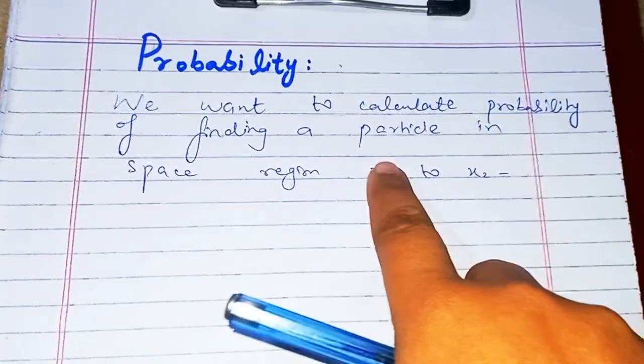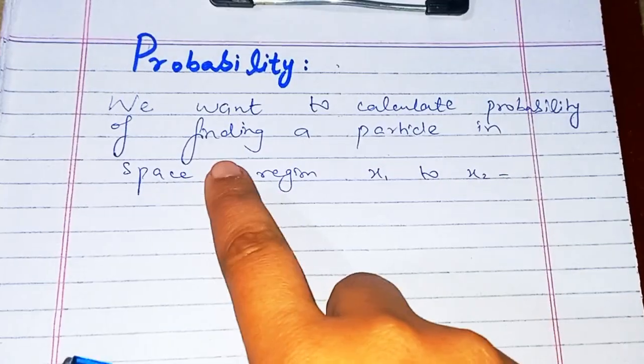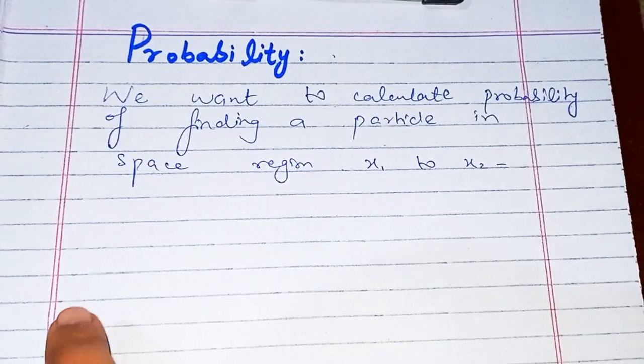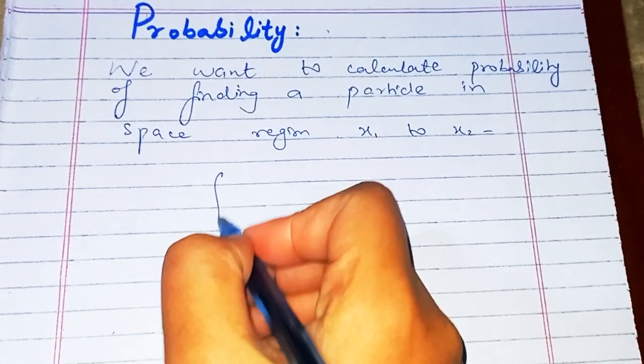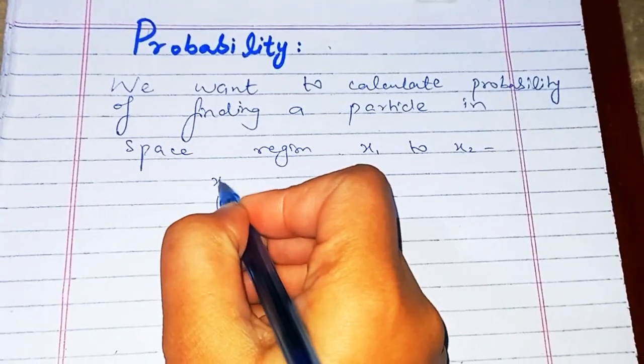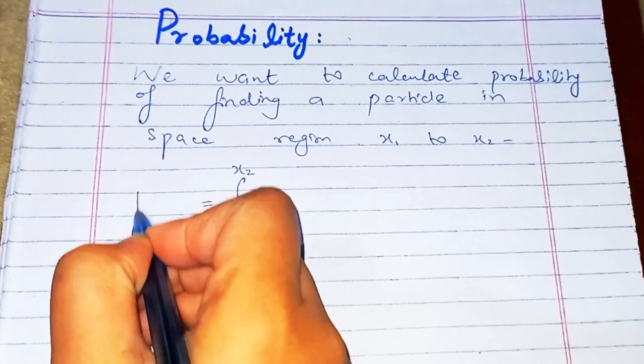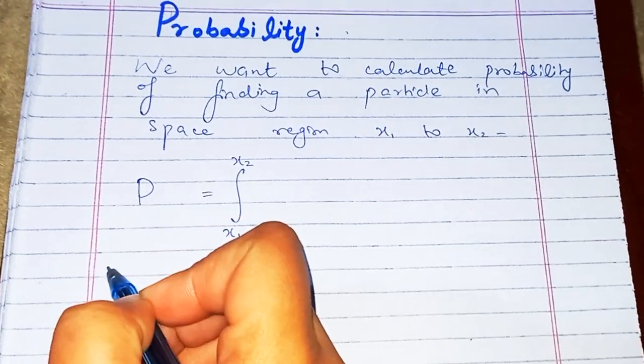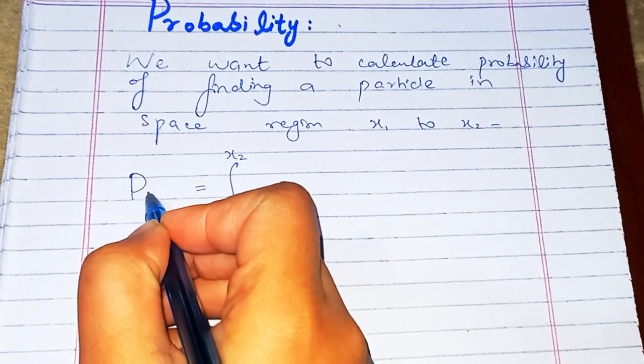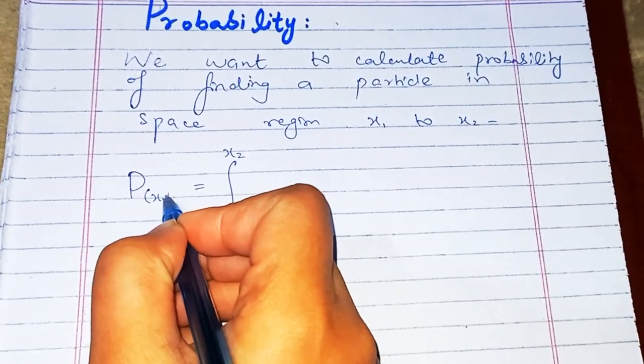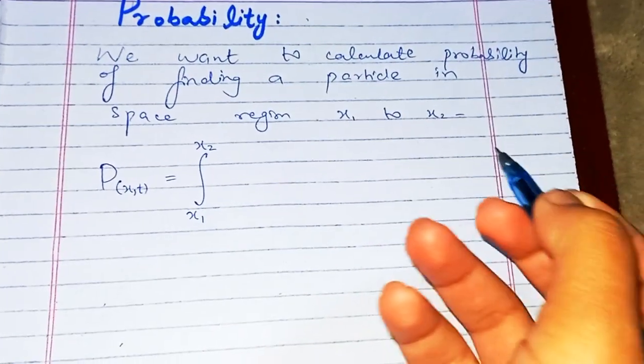Okay, we have some lower limit and upper limit as well, because we are calculating probability, and we'll have some defined limits in which we want to calculate the probability. And let's say the probability is represented by capital P, and it's a function of x and sometimes t. It depends what case you have.